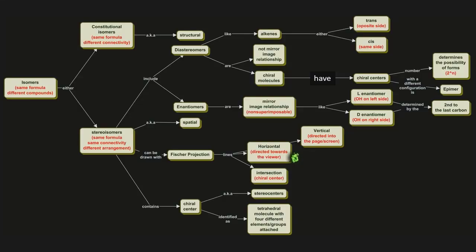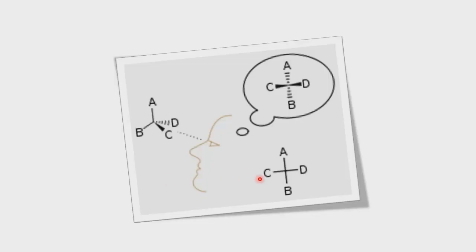The other line in the Fischer projection is the horizontal line. This horizontal line simply tells us that the groups attached to the chiral center are directed towards the viewer.